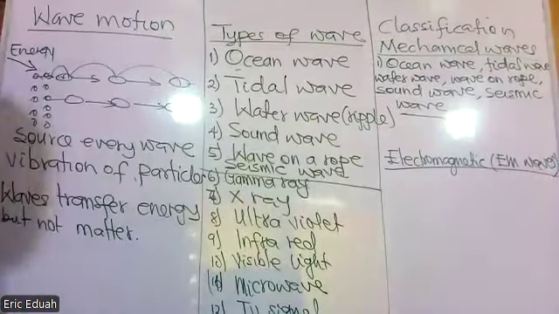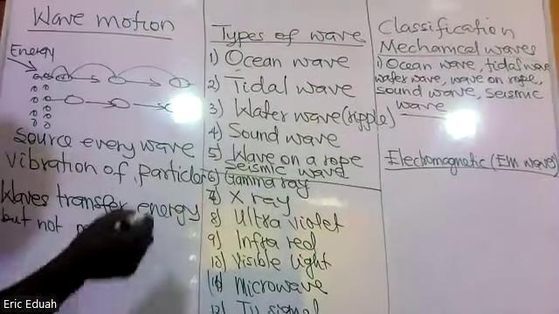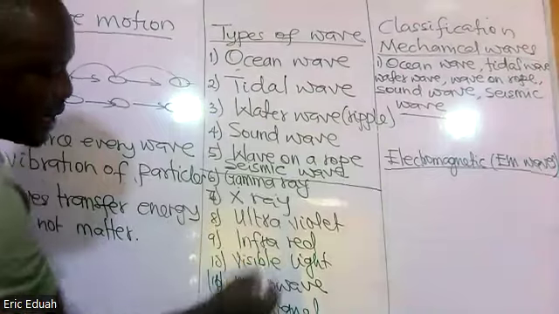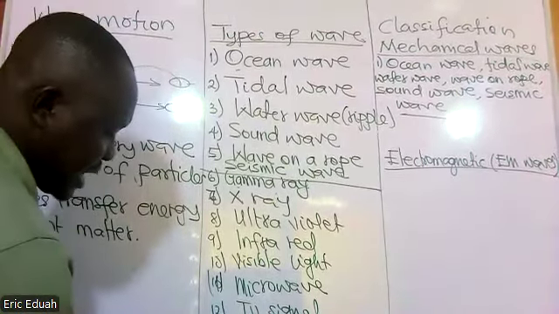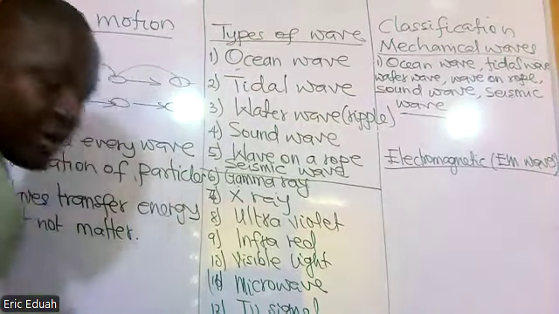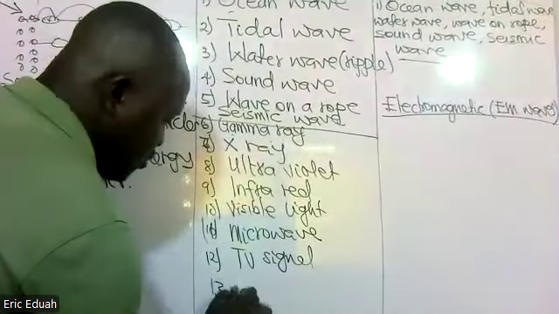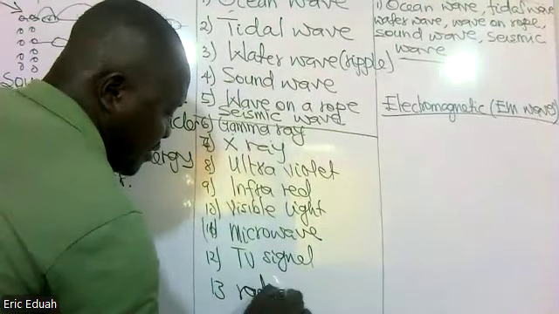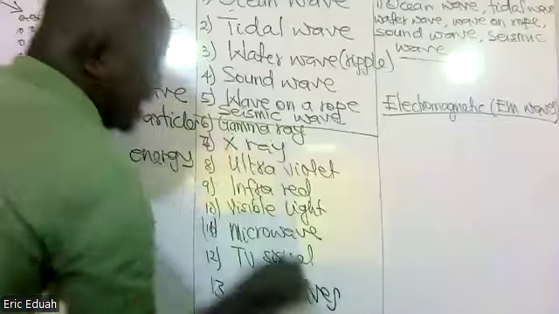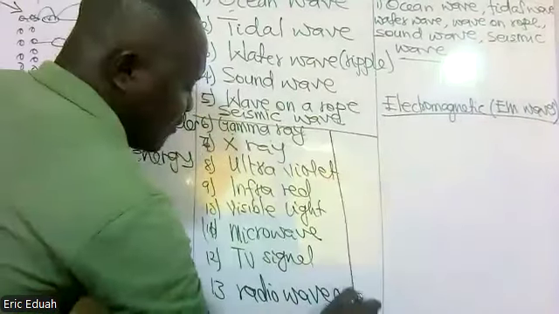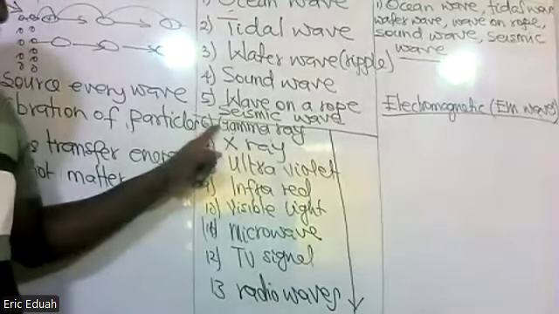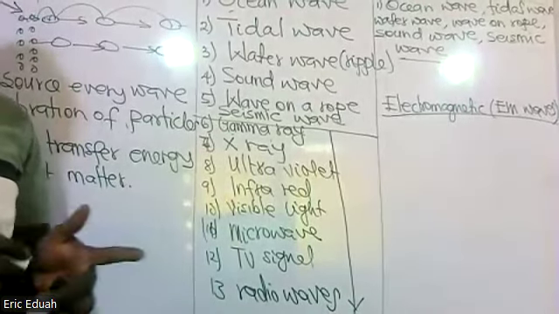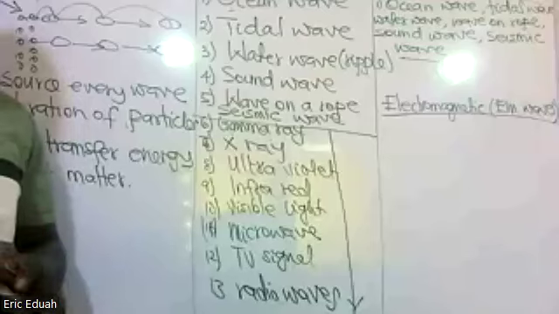electromagnetic waves. So all the examples listed from gamma ray down to radio waves, TV signals, radio waves. Let me include radio waves. Radio waves come under electromagnetic waves. From gamma down to radio waves comes under electromagnetic waves.